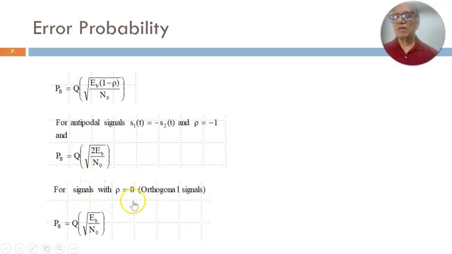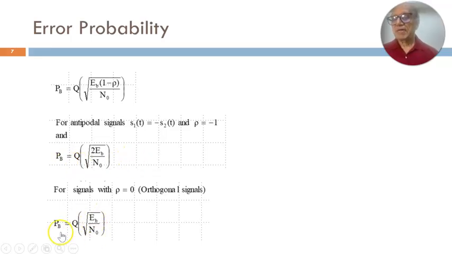For signals with rho equal to 0, orthogonal signals, it is Q of square root of EB upon N0. So clearly the antipodal signals will have better noise performance. You can see here, because this is 2 times EB, whereas here in the numerator you got EB only. So clearly this parameter is larger and this bit error probability will be smaller.